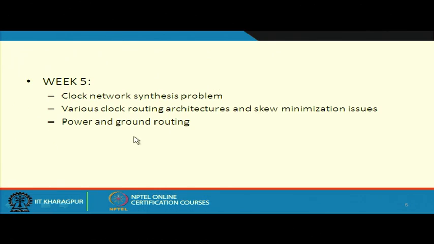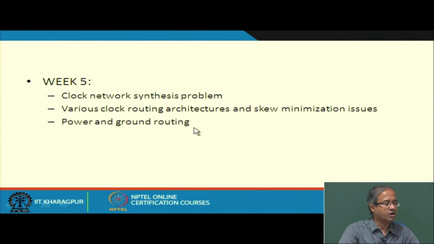When you design a clock network, the main objective is to minimize the clock skew as much as possible up to the terminal points. And of course, we also looked at how to route the power supply connections, power and ground.